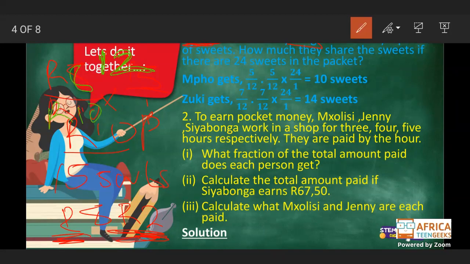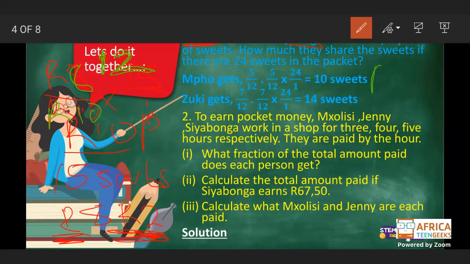You contributed 8 rand and your friend contributed 2 rand. So right here, let's write your friend's equation, because you want to share and you don't know how to calculate it, guys. This real life situation will help you when you and your friends want to calculate how much each person will receive.